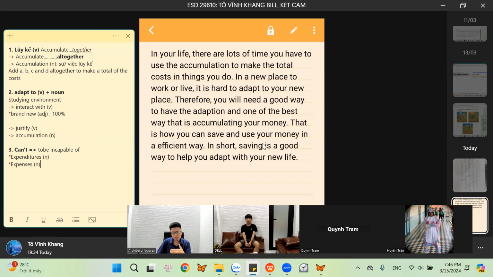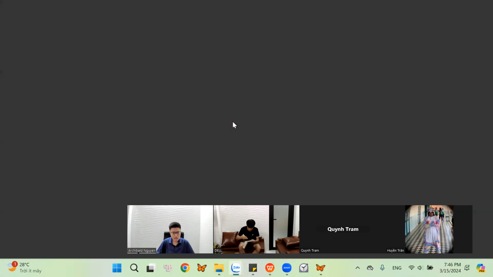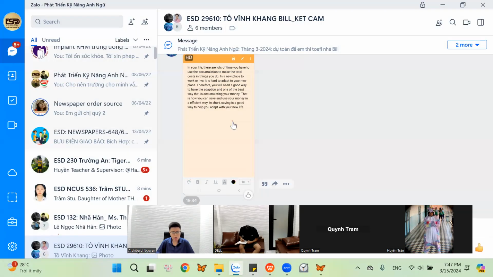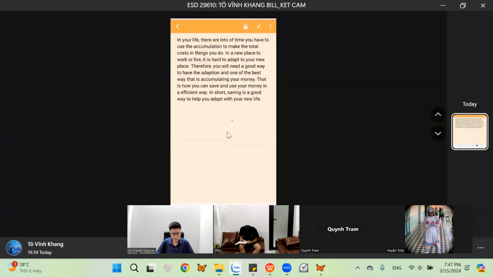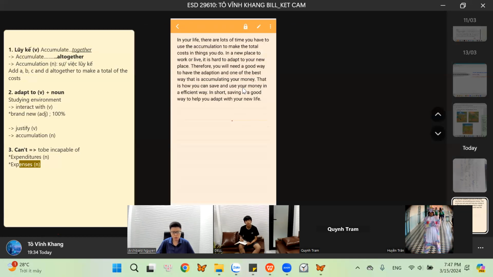Here you should say, that is how you can save: one of the best ways is accumulating your expenses. Or one of the best ways is accumulating your expenditures. Yeah, this is how we use the words.